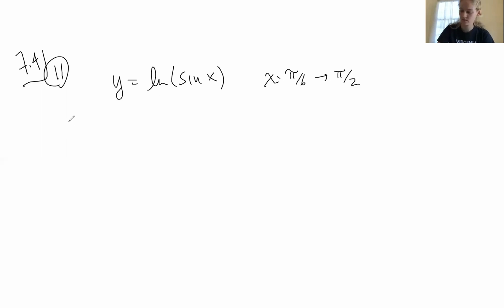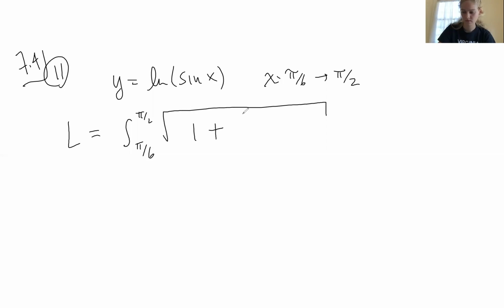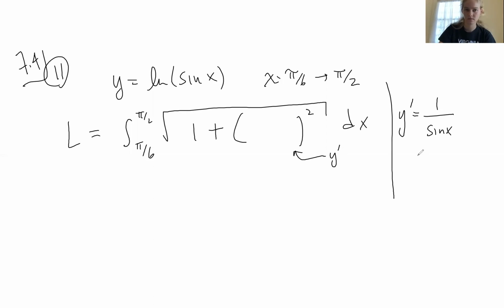But the length of this is always the integral between your bounds of the square root of 1 plus the derivative squared. So what goes in there is y prime. So you need to find y prime. The derivative of the natural log is 1 over sine.